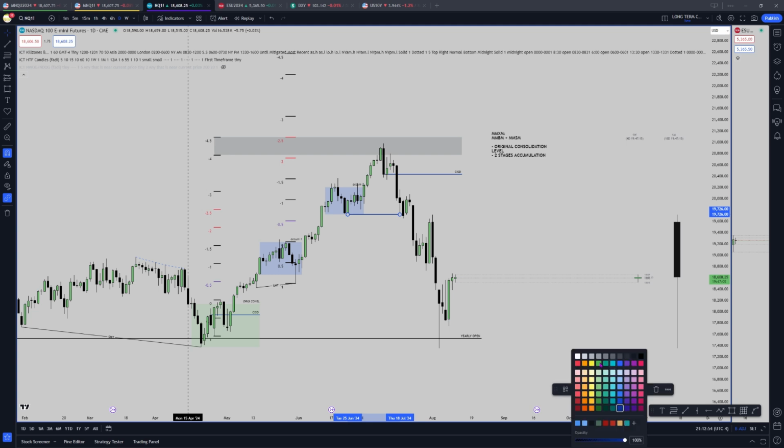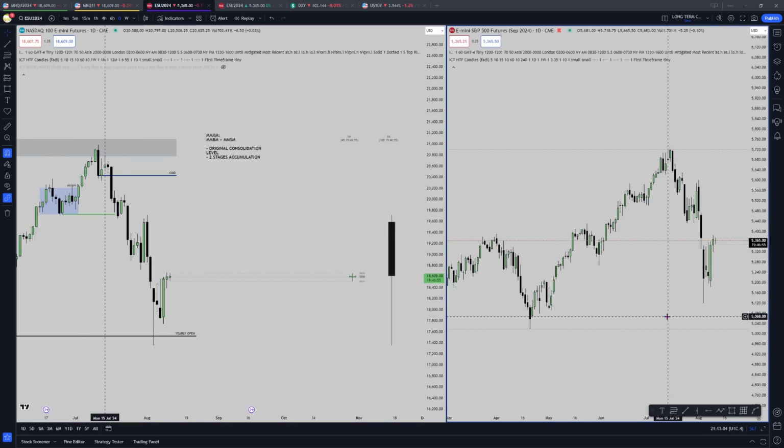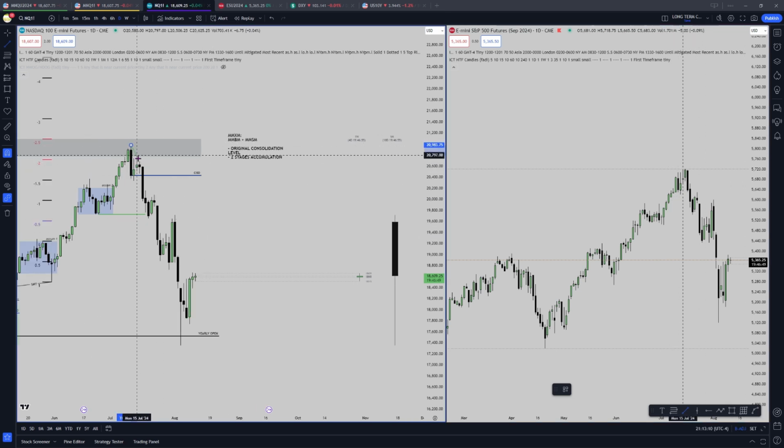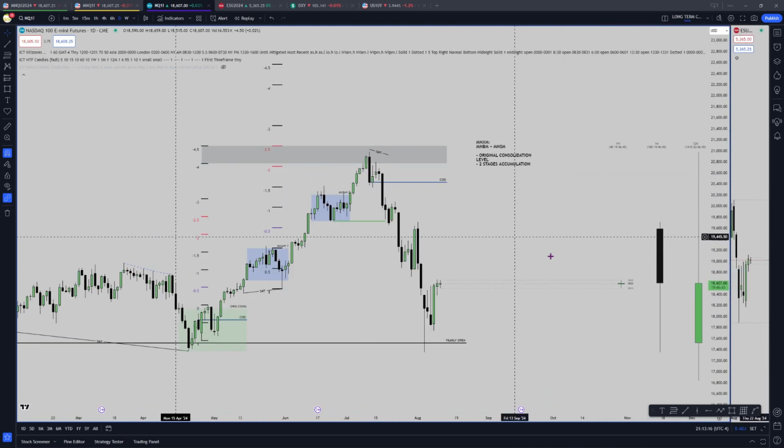I can confidently say that because price reached up into terminus and a common reversal zone, and we also formed an SMT up here with the ES. The ES kept making higher highs while the Nasdaq was pushing lower, so we form SMT right here, and we get a change in the state of delivery.